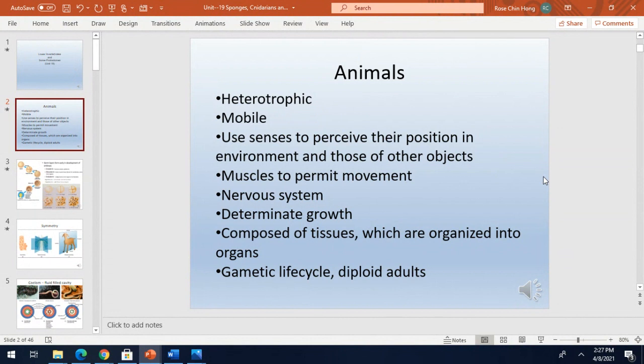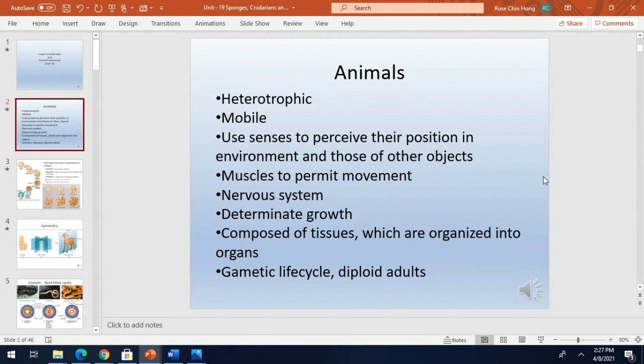Now, they have to use their senses to perceive where they are in the environment and other objects. So, like when we see the flatworms later, they have certain senses that they use to know whether to seek darkness or light, and other objects so they don't bump into objects where they can get injured, move away from predators or chase after their prey.